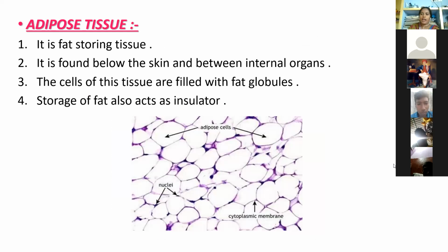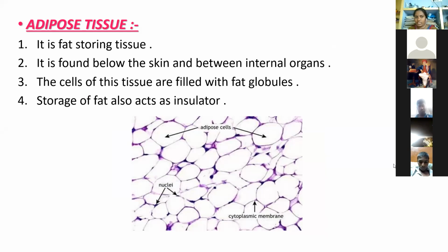Next one is adipose tissue. The adipose tissue is the fat storing tissue. Where is it found? It is found below the skin and between the internal organs.